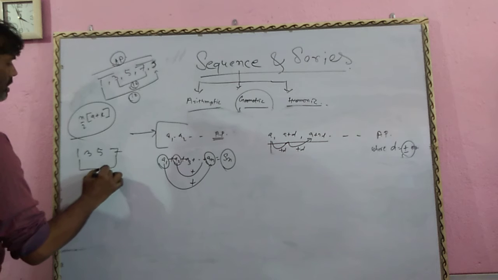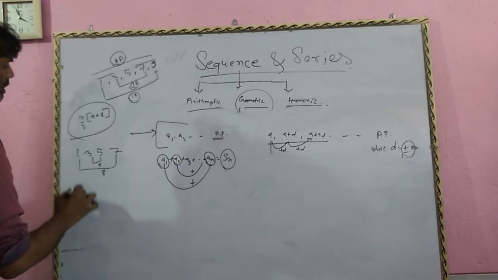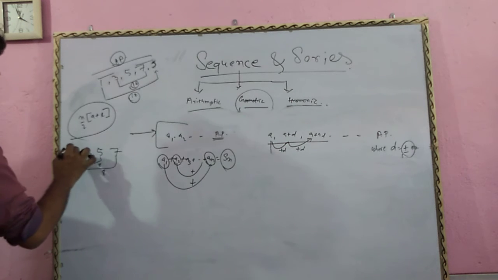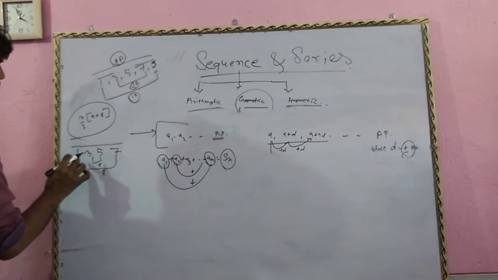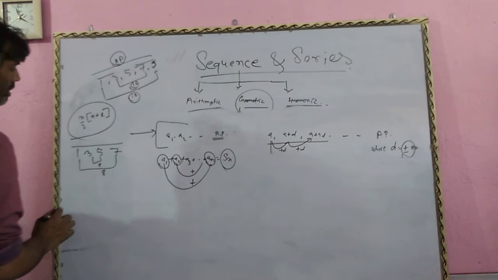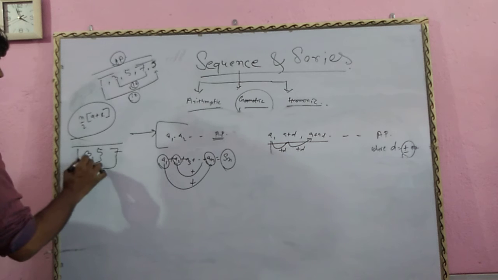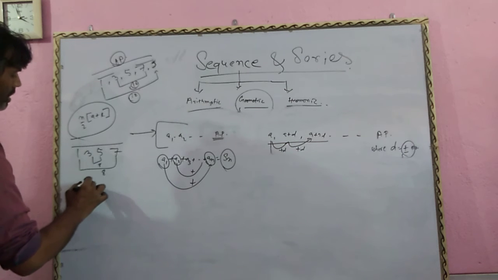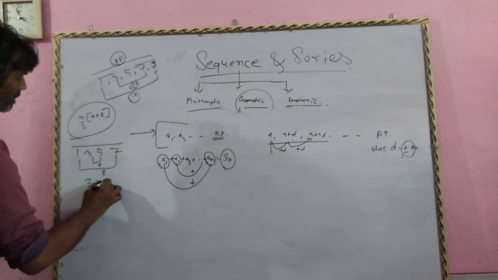Then 1 plus 7 is 8, 3 plus 5 is 8. How many times does this pair come? It comes n upon 2 times, isn't it?